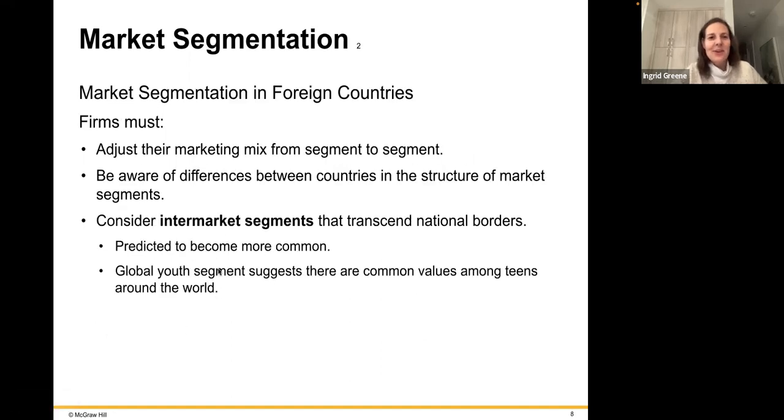Market segmentation in foreign countries. Firms must adjust their marketing mix from segment to segment. They must be aware of differences between countries in the structure of the market segments, as I've been mentioning. They have to consider intermarket segments that transcend national borders, and this is predicted to be more common.